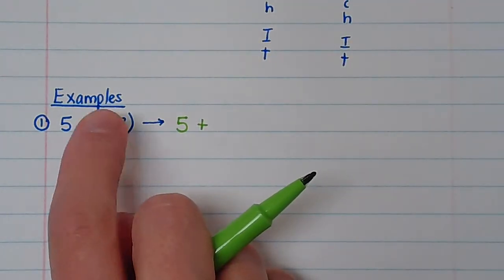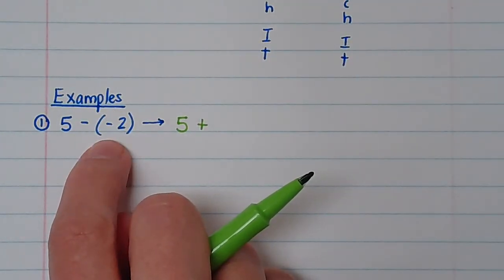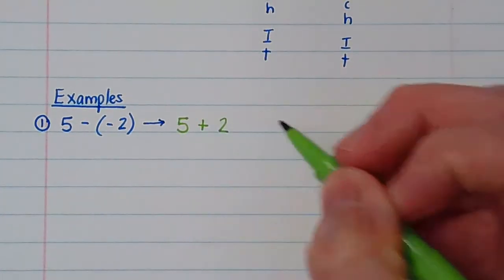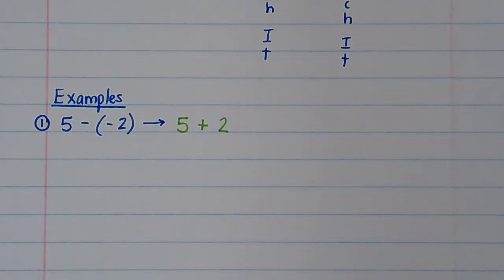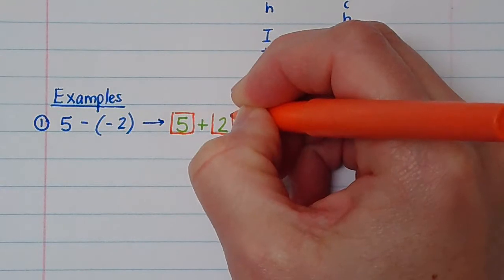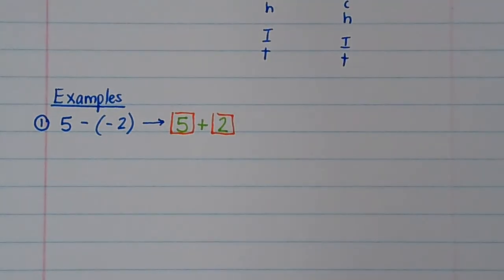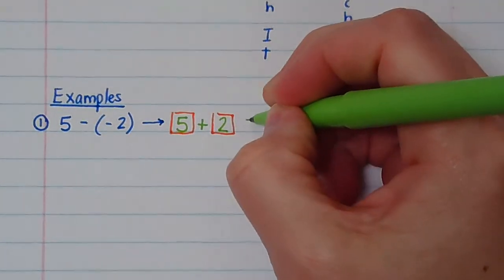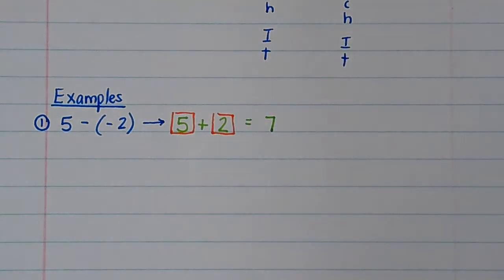And then instead of having a -2, I'm going to switch it to a +2. Now it's just a regular addition problem that we've been doing the last several days. My signs are the same. So if they're the same, I just have to add them. And I get 7.